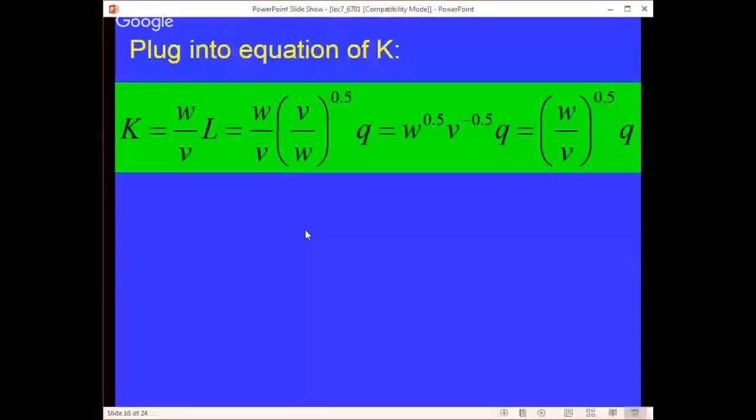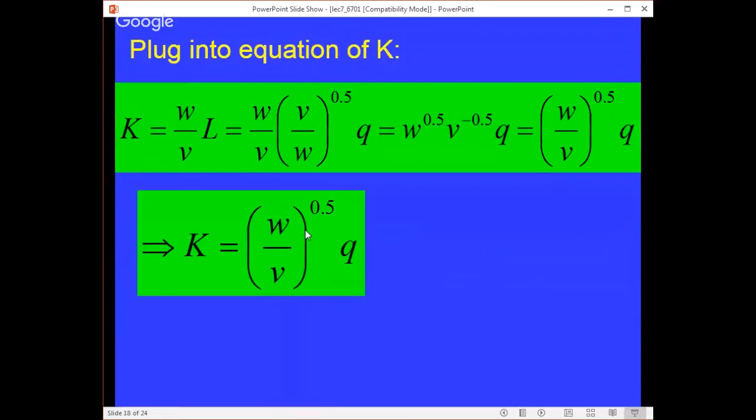Right, and I get K, W would be 0.5 times Q. Okay, so there it is, K, the W would be 0.5 times Q. So now I have K and L, right, in terms of our fixed variables, W, V, and Q.